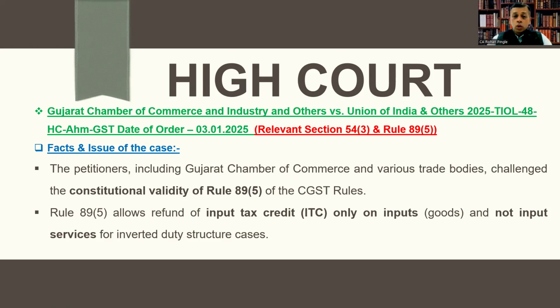The petitioners, including Gujarat Chamber of Commerce and various trade bodies, challenged the constitutional validity of Rule 89 Subrule 5 of the CGST Rules. Rule 89 Subrule 5 allows refund of input tax credit only on inputs, that is goods, and not input services, for inverted duty structure cases.